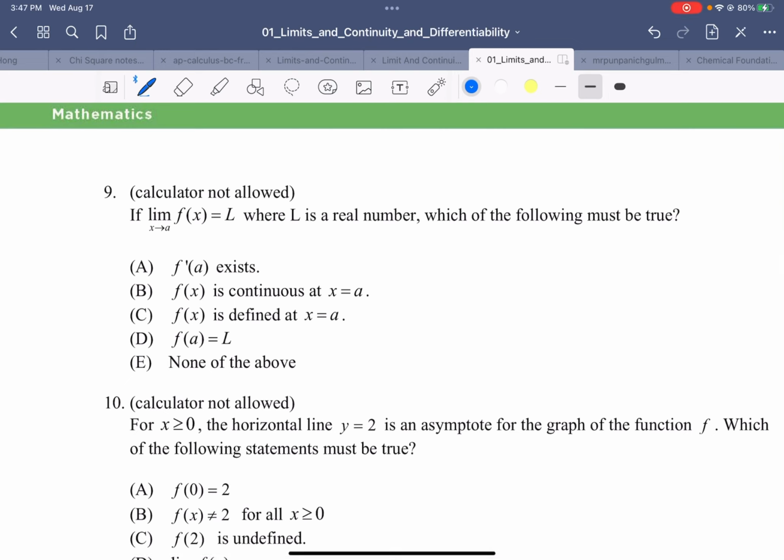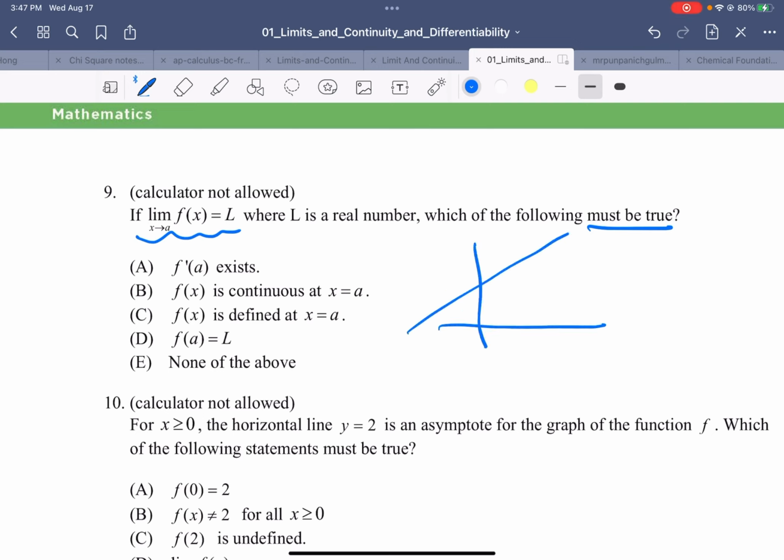Let's move on to number 9. The limit as x approaches a of f of x equals L. Which of the following must be true? Having a limit doesn't mean you have a derivative value. Let me throw out one example.